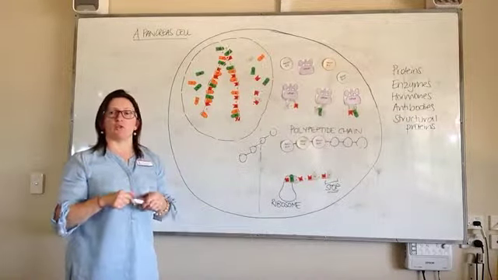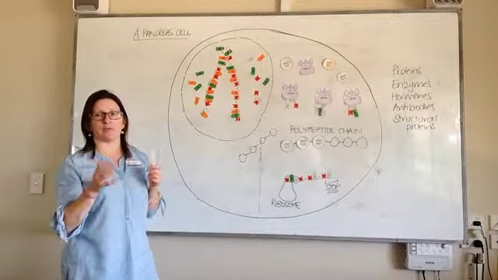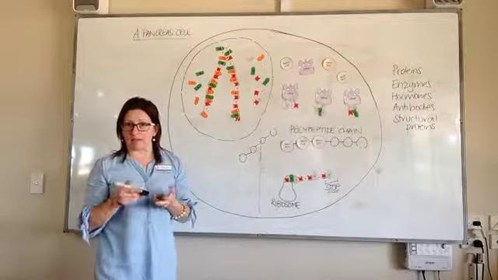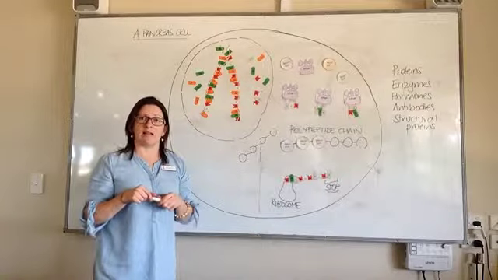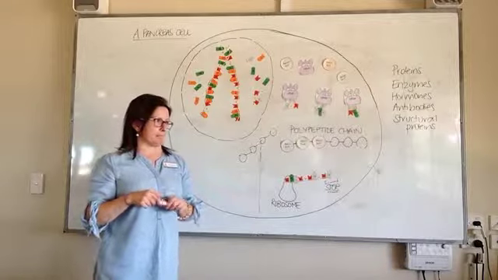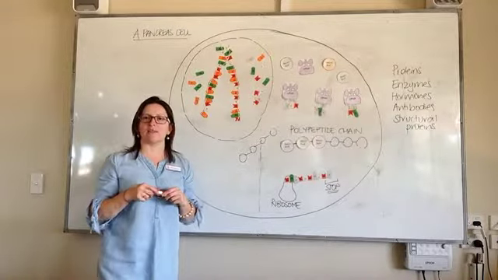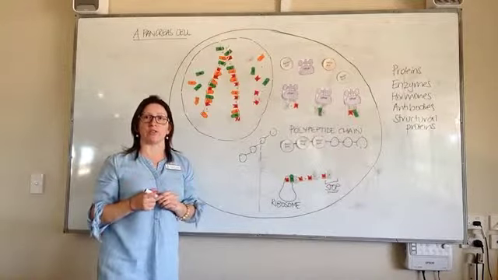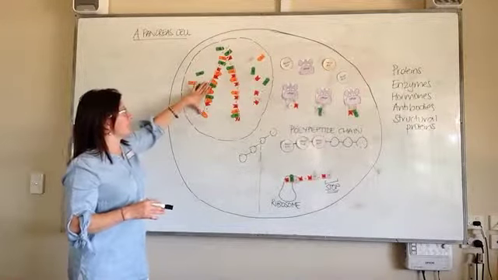Many genetic disorders arise in this way. Common examples of genetic disorders include type 1 diabetes, breast cancer, Tay-Sachs disease, Huntington's disease, cystic fibrosis, Marfan syndrome. There's a whole multitude of different genetic disorders that arise as a result of mutation.